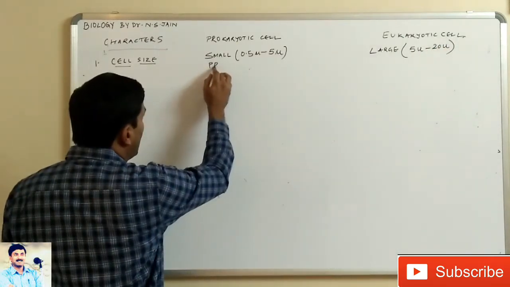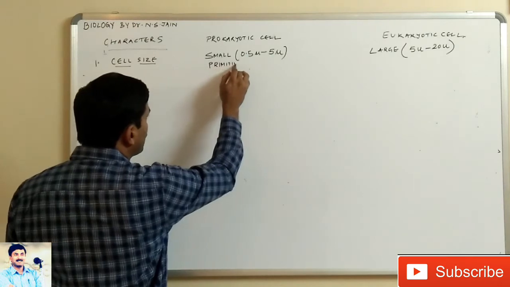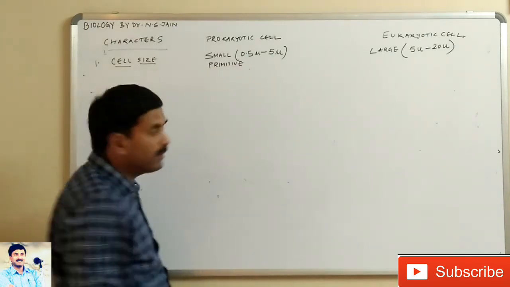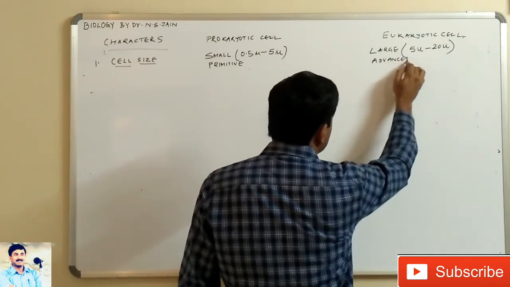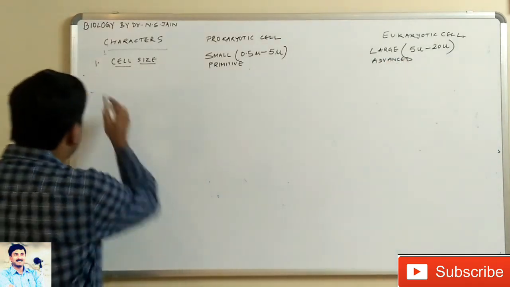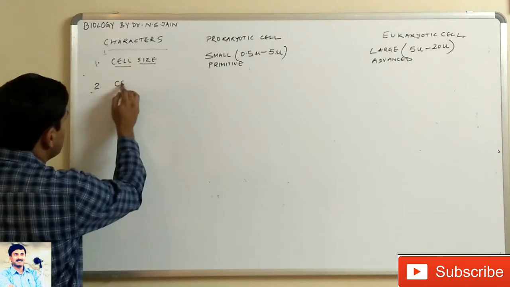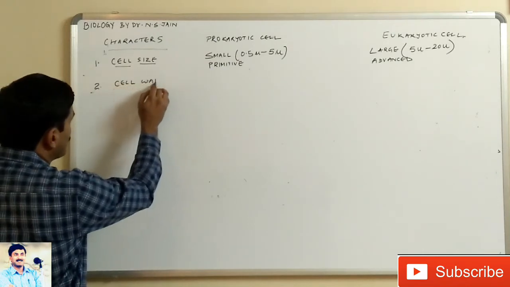These cells are primitive, while the eukaryotic cells are advanced. Second point, cell wall.